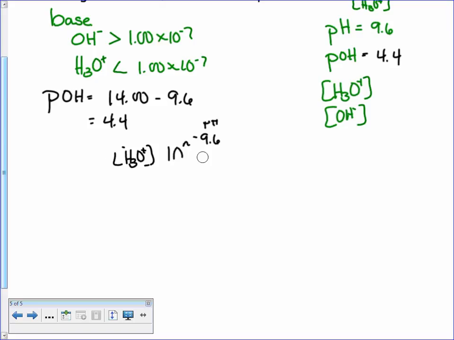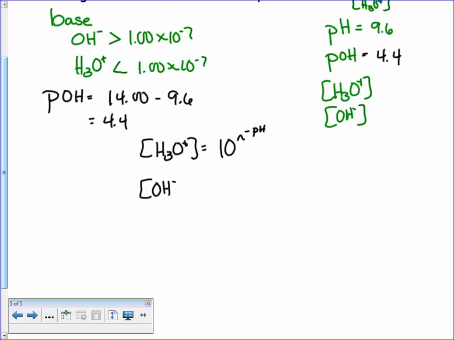So let me clean this up. So what we're saying is, if you have the pH, the hydronium ion concentration is 10 raised to the negative pH. Therefore, if you want the hydroxide concentration, you would do 10 raised to the negative, hopefully you are shouting, pOH.